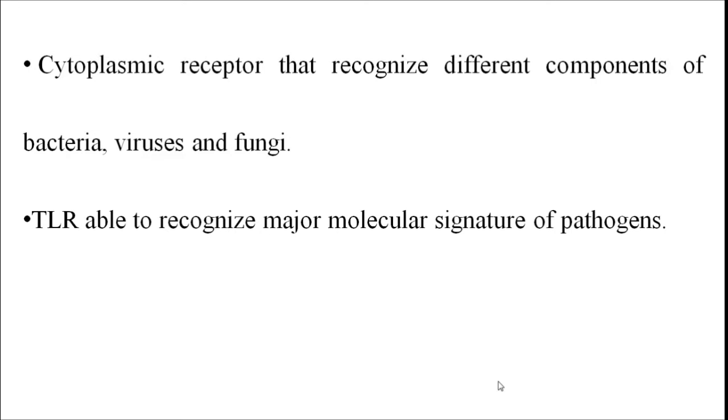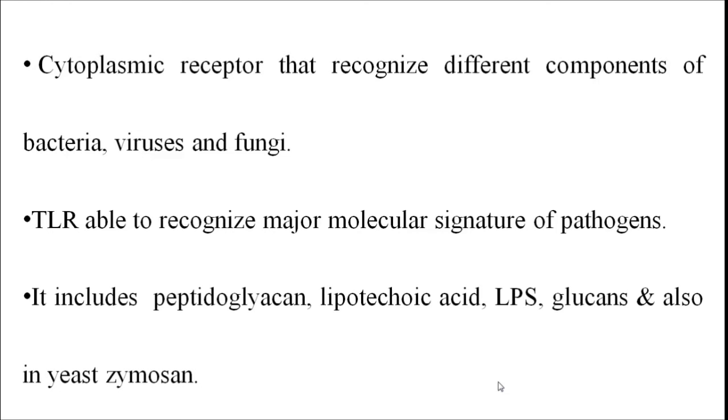In addition, toll-like receptors recognize major molecular signatures of pathogens. It mainly includes peptidoglycan, lipoteichoic acid, lipopolysaccharide, glucans, and in yeast, it is able to recognize a signature molecule, zymosan.